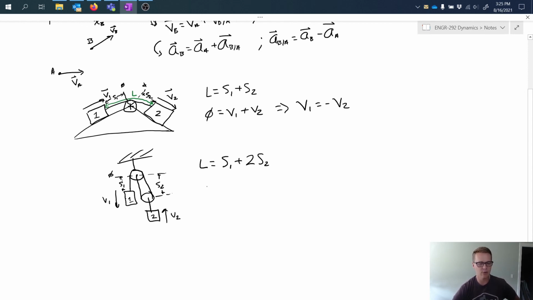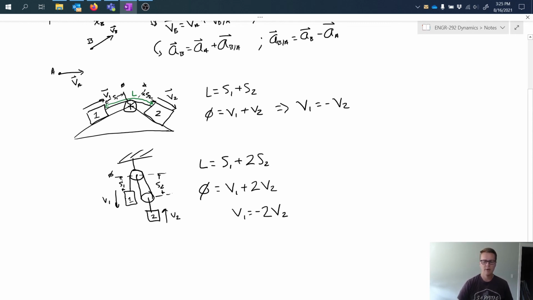So again, if I take a derivative, I get 0 equals v1 plus 2v2, and I can solve this and say that v1 equals minus 2v2. So v1 is going to be traveling twice as fast as v2, and they're traveling in opposite directions based on my positions here.